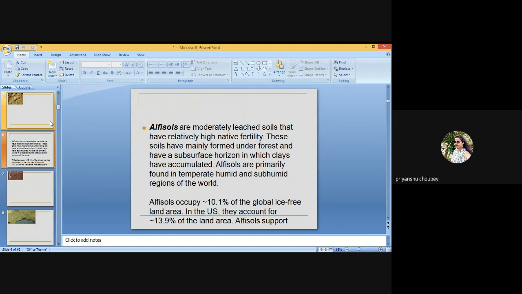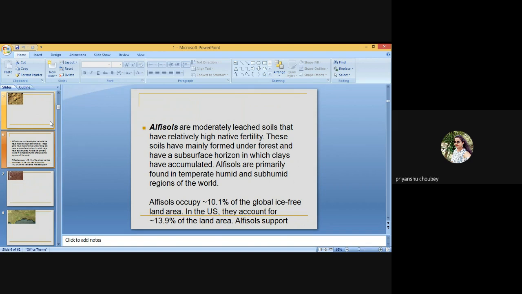Developed from the weathered alluvium of Deccan basalt, basic parent material, under arid, semi-arid and subhumid climate. Occupies about 55 million hectares and occurs in Maharashtra, Madhya Pradesh, Gujarat, Rajasthan, Chhattisgarh, and some parts of Karnataka and Tamil Nadu.